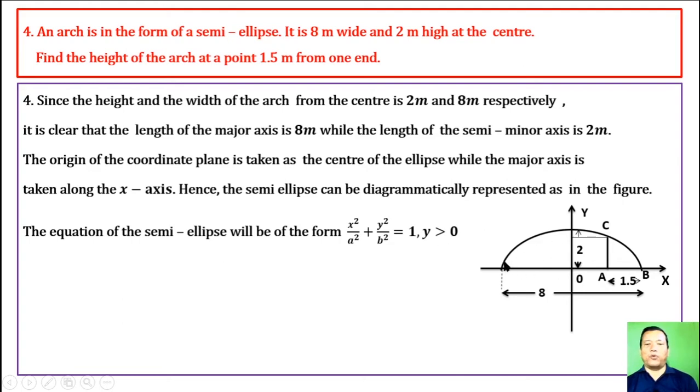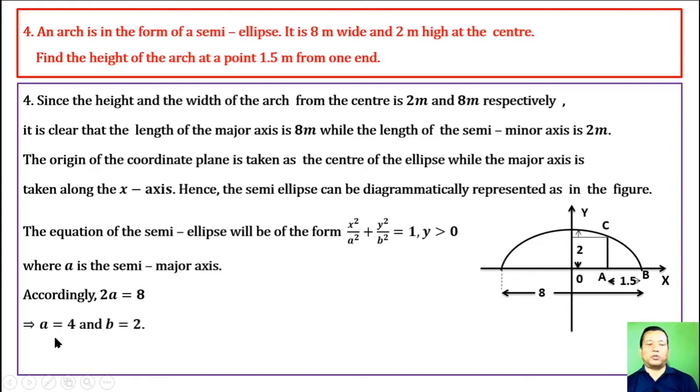The y coordinate of any point above the x-axis is always positive, where a is the semi-major axis. Accordingly, twice a equal to 8, gives a equal to 4, b equal to 2.